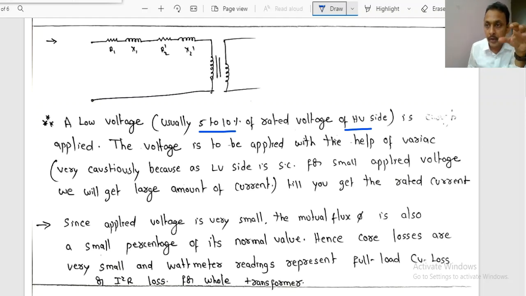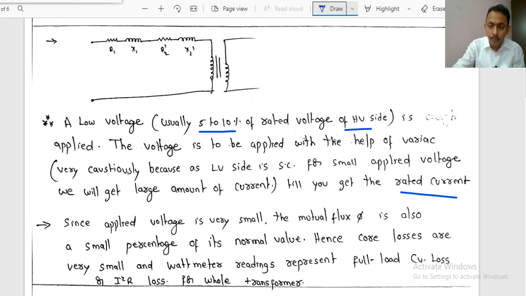So you should be very cautious while varying the variac in your laboratory. Slowly you have to vary it such that with some 5 to 10% of its rated voltage itself, we will get the high amount of current, the rated current. Slowly keep varying the variac until you get the rated current.